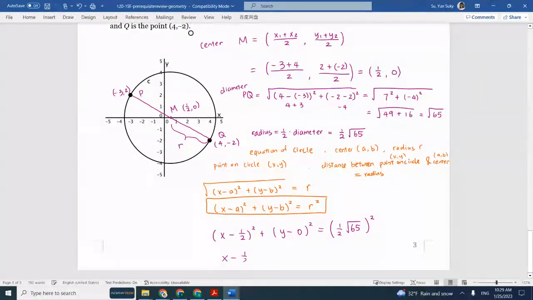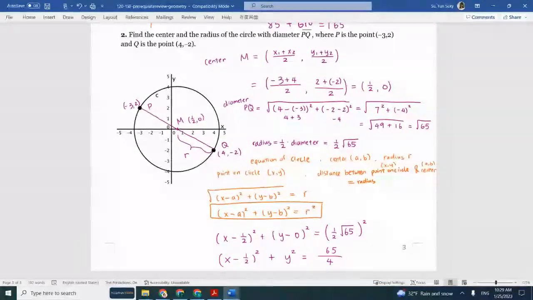So we have x minus 1/2 squared plus y minus 0, which is y squared. And now 1/2 squared becomes 1/4. And the square root of 65 and the square cancel. That's why we have 65/4 on the right hand side. So this is the equation of this circle.